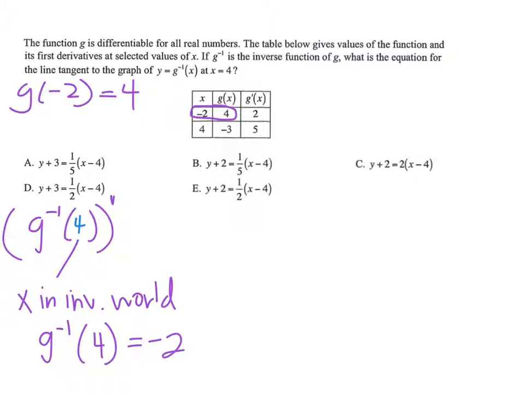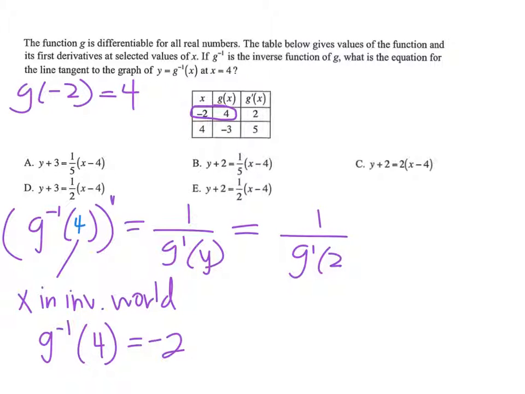Why does that matter? Well, because the derivative of the inverse at 4 is equal to 1 over g prime of y, also known as 1 over g prime of -2, also known as 1 over 2 as our slope of the tangent line.